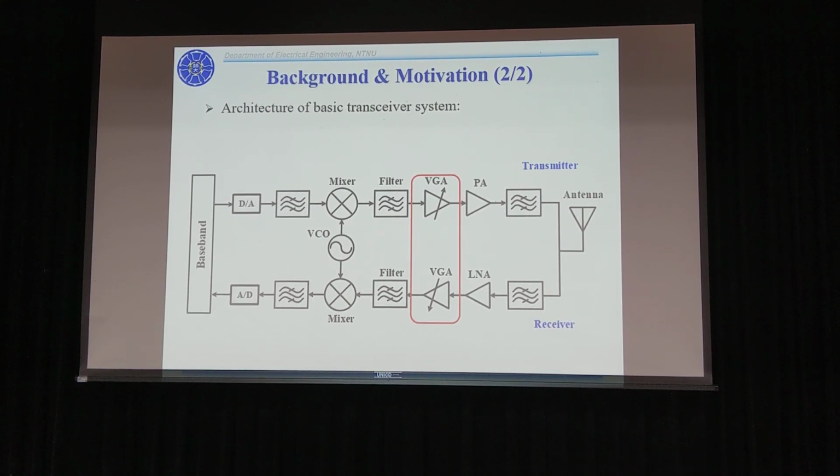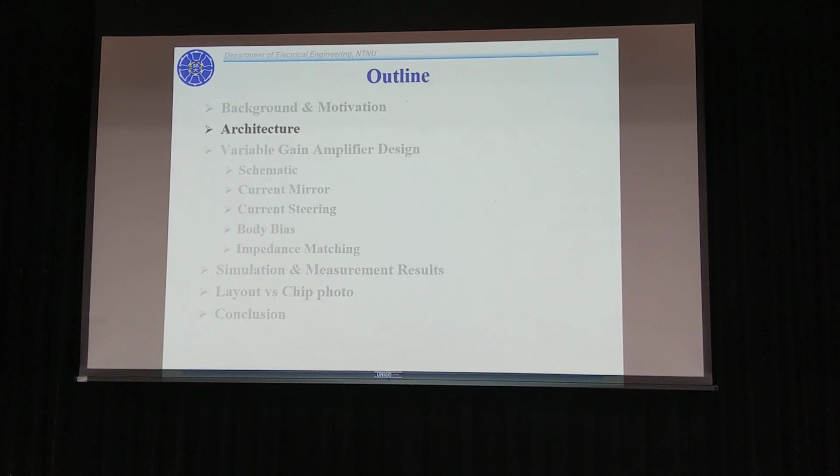However, because the strength of the received signal can vary in different situations, it is necessary to amplify and adjust the signal to ensure an appropriate signal level enters the subsequent processing stage. Therefore, variable gain amplifiers play an indispensable role in both transmitters and receivers.